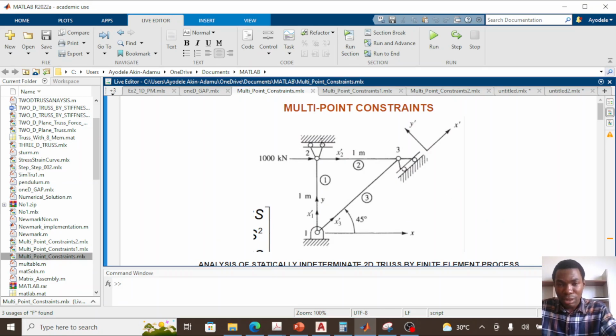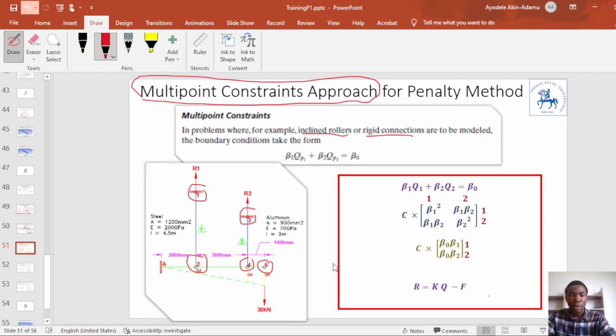This is what I'm talking about. This is a plane source problem. You can see we have at node 3 a roller support which is inclined, an inclined roller support. In this type of problem, we need to apply the multi-point constraint model to solve it. So this is another problem where we can apply the multi-point constraint model. I'll go back to my PowerPoint now.